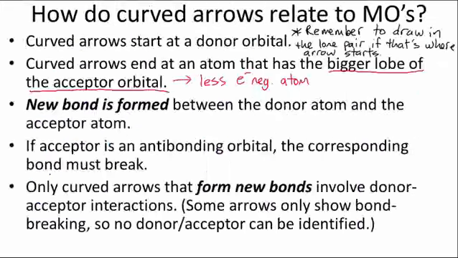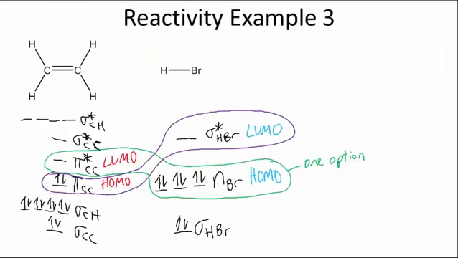And so we're going to go with the second interaction here, the one I outlined in purple, where pi CC donates to sigma star HBr. So if that's my donor, sorry I just gave it away, but if that's my donor, pi CC, where should my arrow start?